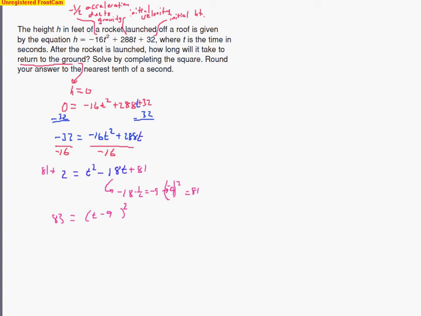So we go ahead and take the square root of both sides, and then we'll come up with our values of t. So we have t minus 9 equals plus or minus the square root of 83. Well, 83 is not a perfect square, but we could approximate it. So just plugging it into the calculator, and actually just thinking about it, I know the square root of 81 is going to end up being 9, so I'm going to approximate this to about, this is going to be pretty close to, plus or minus 9.1, let's say.